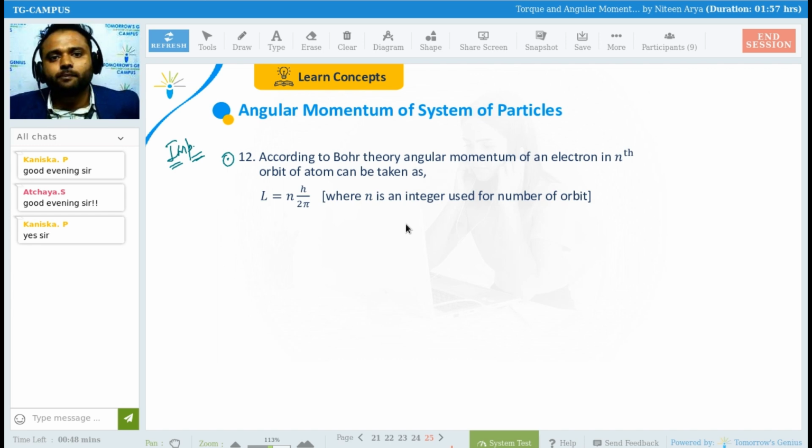J.J. Thomson gave you the plum pudding model of the atom. What is plum pudding? Initially, J.J. Thomson, the scientist I'm talking about right now, had the idea that the atom is like a watermelon, also known as plum pudding, in which the red part is treated as positive charge in the atom, and the black seeds are treated as electrons.